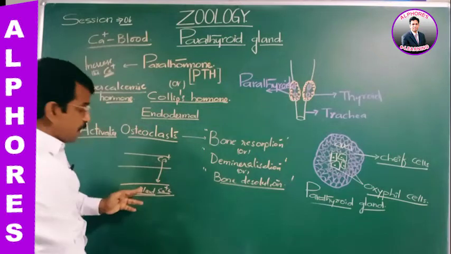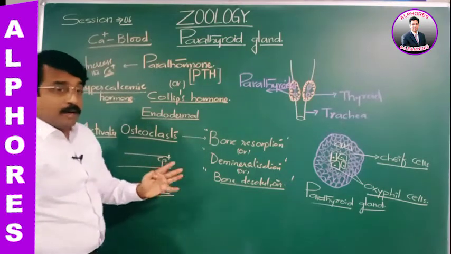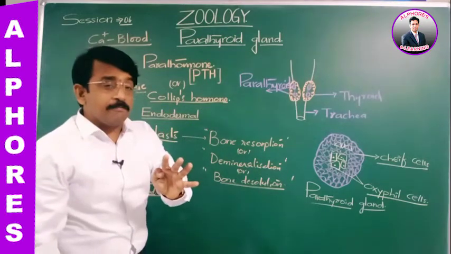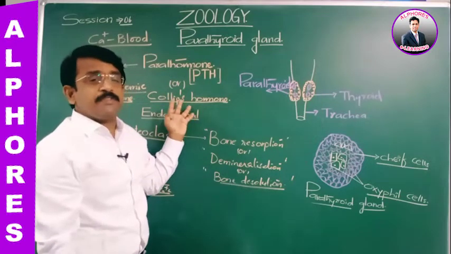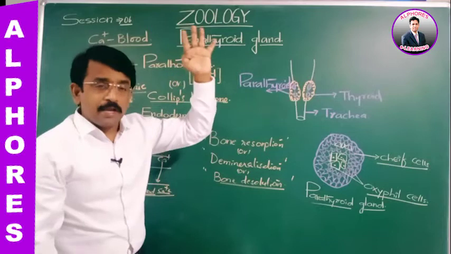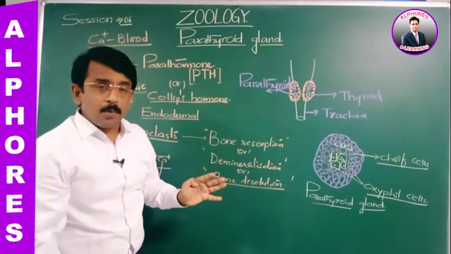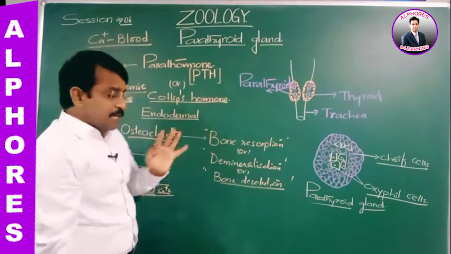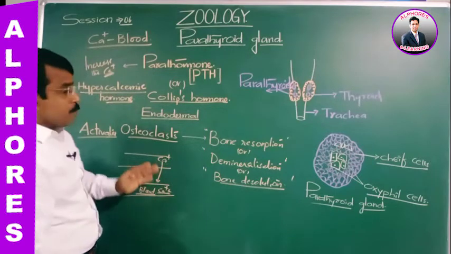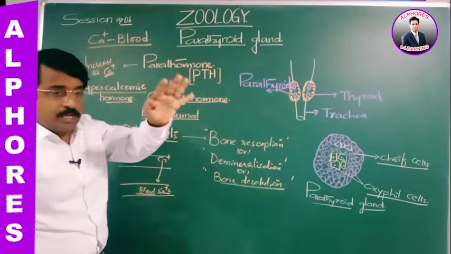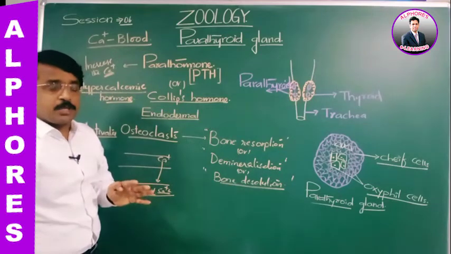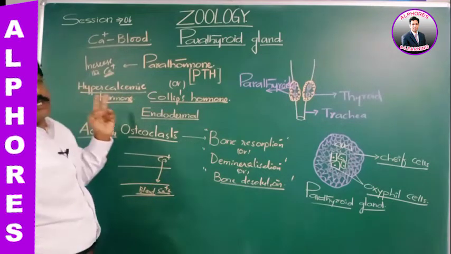So in this connection also, the calcium level itself causes the secretion of the parathormone, but not any other hormone. If the levels of calcium decrease, automatically the parathormone is stimulated to secrete. Once its level becomes excessive, then thyrocalcitonin is secreted.